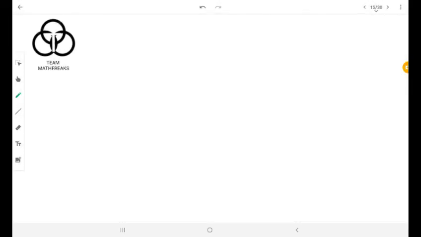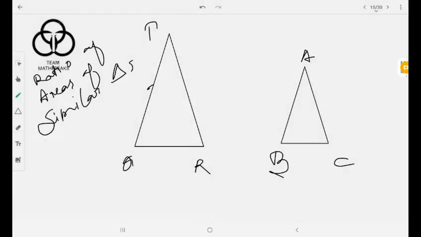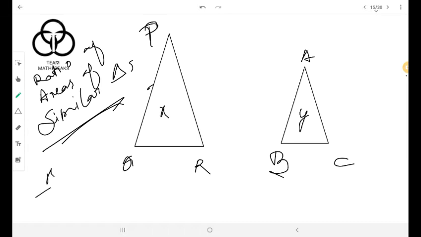Now, I hope you all have the concept of ratio of the areas of similar triangles. The ratio of the areas of similar triangles is proportional to the ratio of the squares of the sides of similar triangles. That means if we have two similar triangles PQR, let its area be x, this area be y, then x over y is p square over a square.